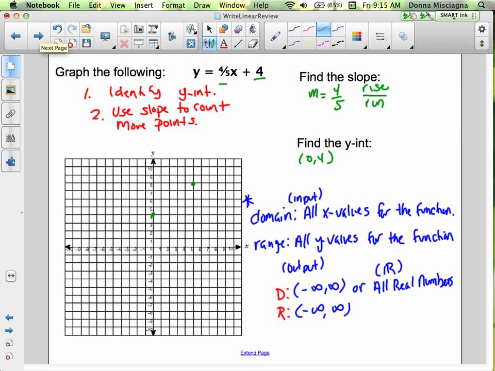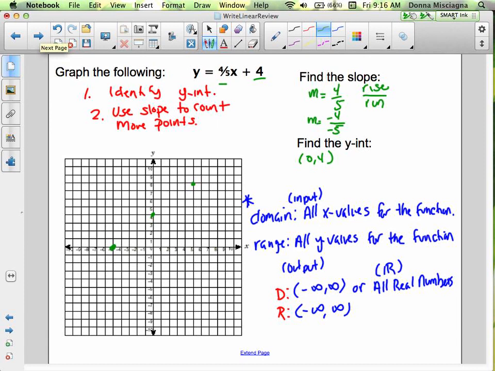I can't count any more points to the right, but I could count some points to the left, because I could also write that slope as both negative, because the negatives would cancel. Negative 4 divided by negative 5 is the same thing as 4 divided by 5. So now I can count down 4, 1, 2, 3, 4, and to the left 5, 1, 2, 3, 4, 5. And you see they're still on the exact same line.